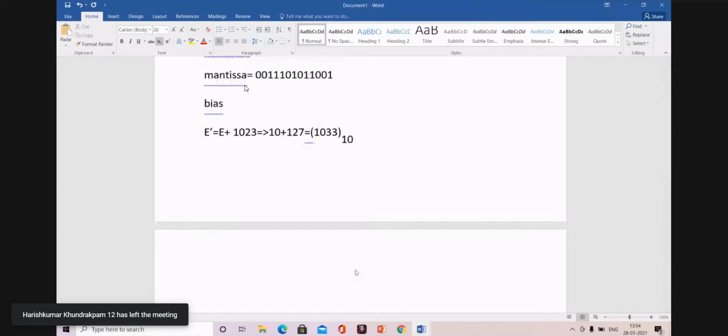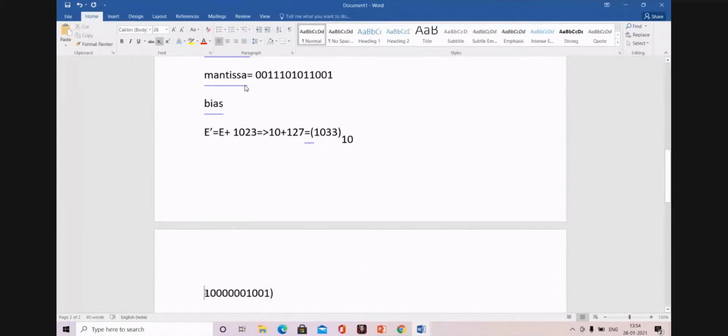What will you get? 1 followed by zeros, you just check, 001 with the base 2. Now this is your exponent, the new value of your exponent.